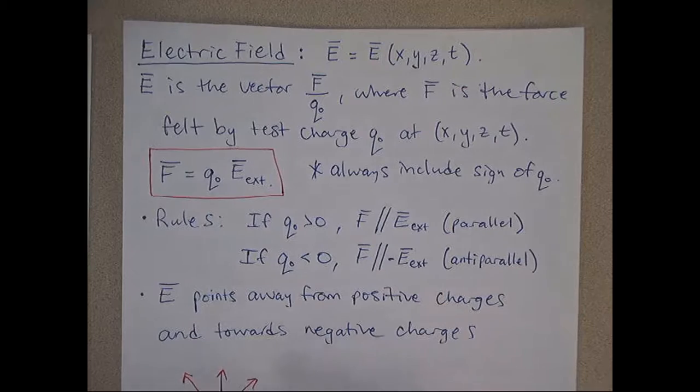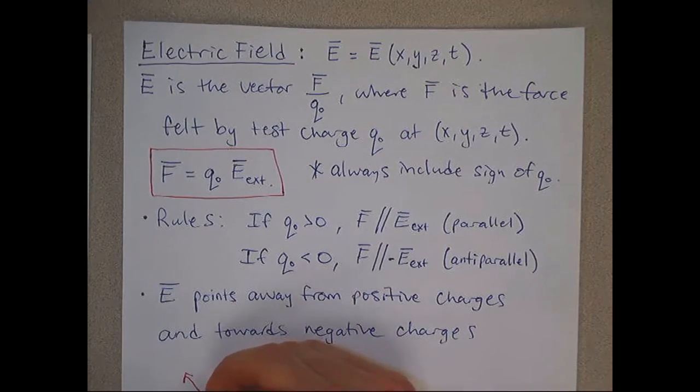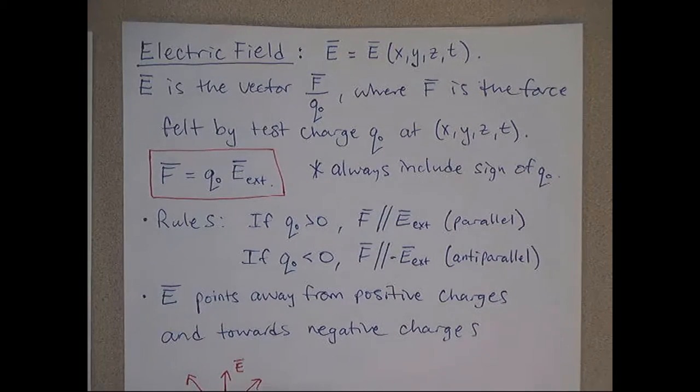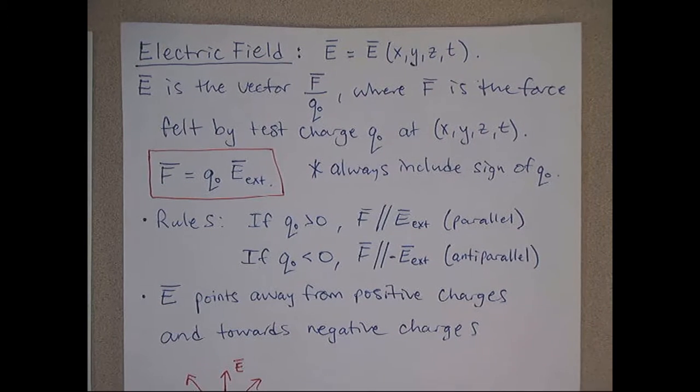So a positive charge sitting in some region of space creates an electric field pointing outward. We should even imagine that those electric field lines are beginning on the positive charge. Positive charge is the source of electric field lines here.